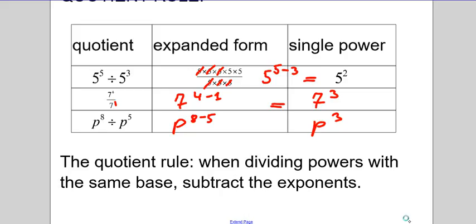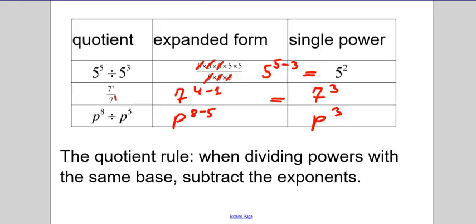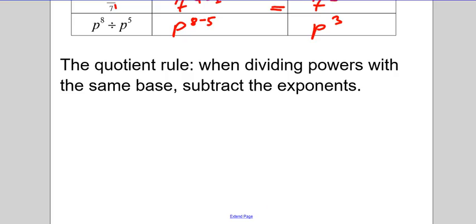Those are the only 2 rules that we're going to do today. I will write the general rule: base to the power of some m exponent divided by base to the power of some n is base to the power of m minus n.